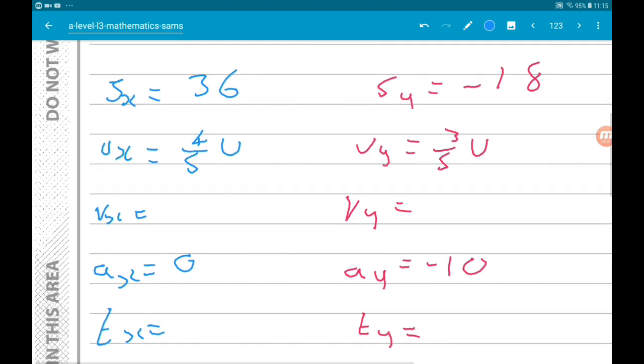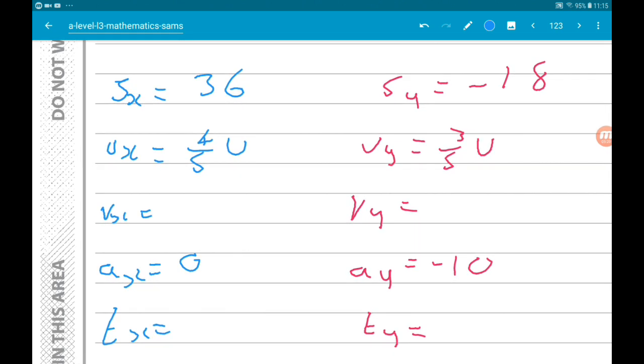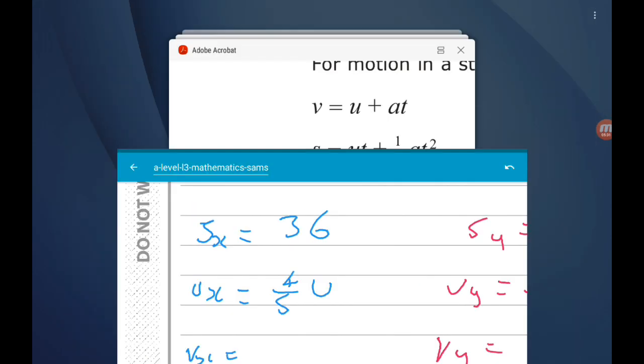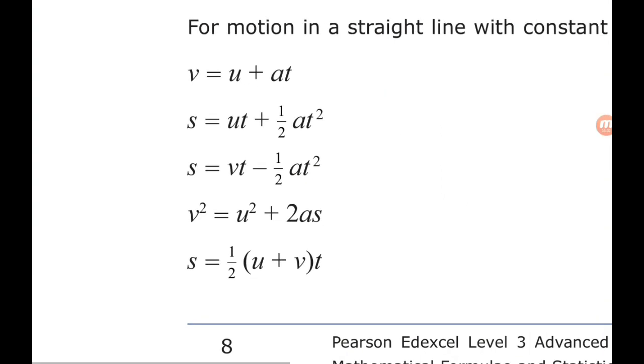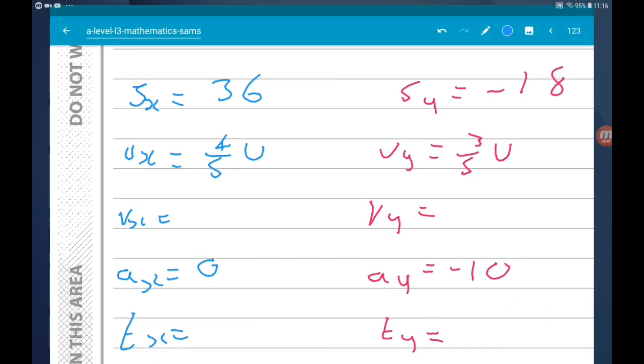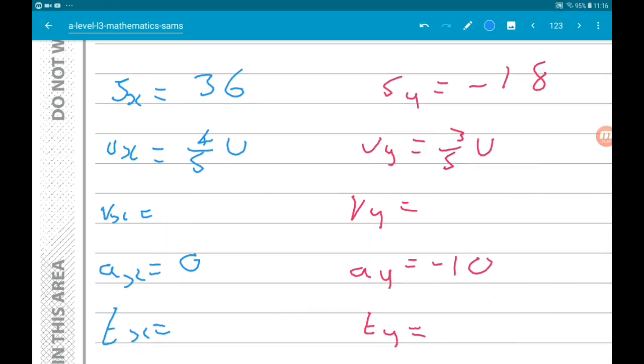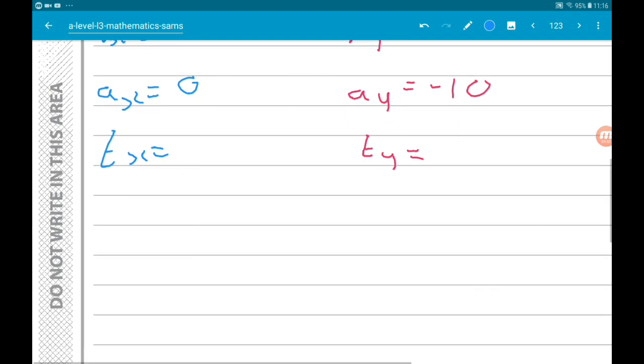So, looking at the horizontal, we have S, U, and A. So, if we use S is ut add 1/2 at squared, 1/2 at squared is 0, so we can get that S is ut.